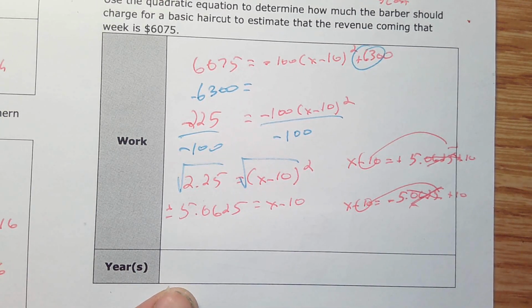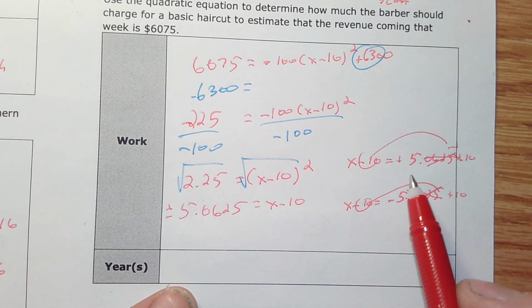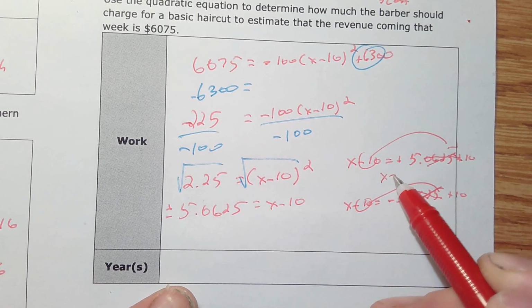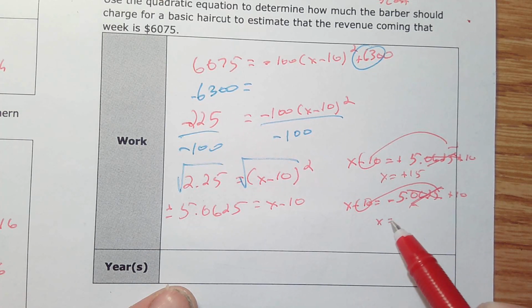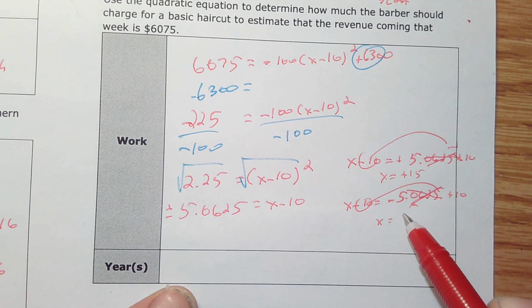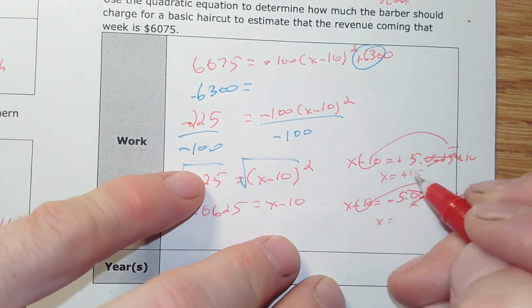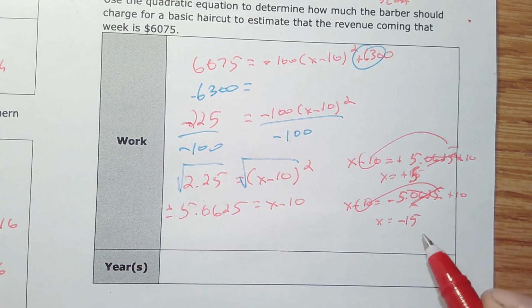That's insignificant, so I'm not going to bother with that. I'm just going to truncate that. So I'm going to bring this over and get x equals positive 15 years, and x equals, no, not positive 15, positive 5 years, and then x is going to be negative 15 years.